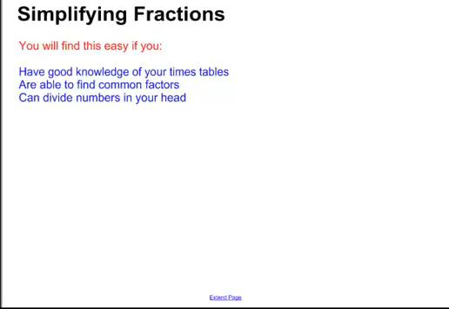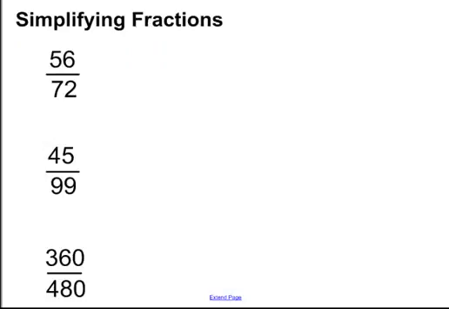Okay, let's move on. When we simplify fractions, what we're doing is finding an equivalent fraction to the one we've been given, but we want it in its lowest terms. What I mean by that is that if you have a fraction in lowest terms, the numerator and the denominator don't have any common factors.